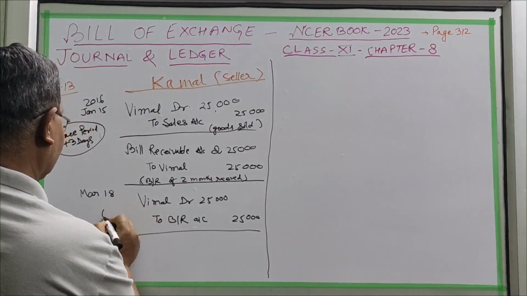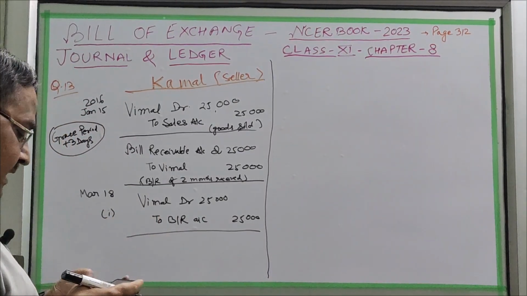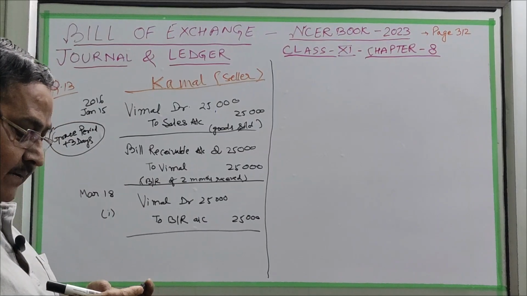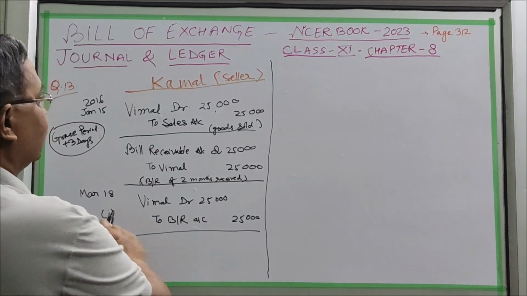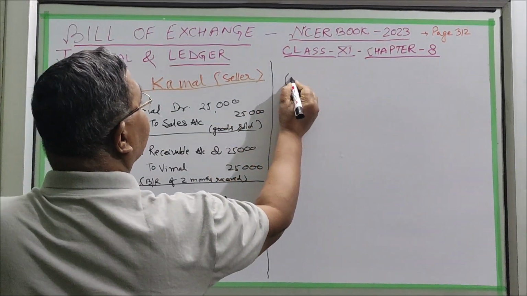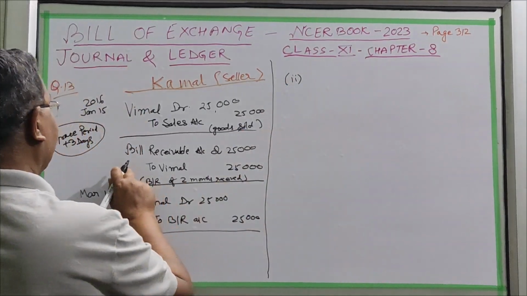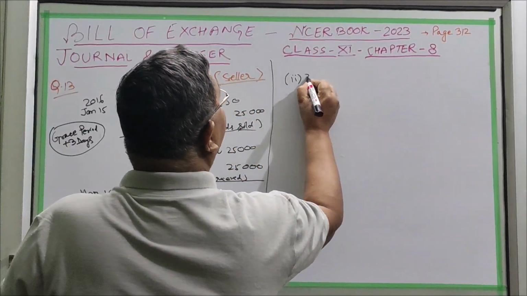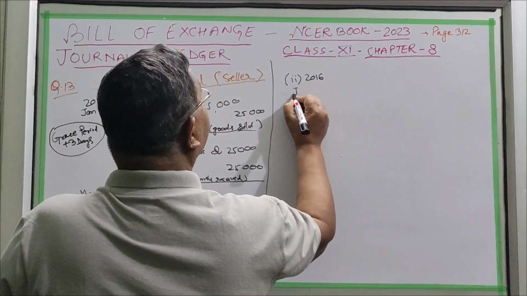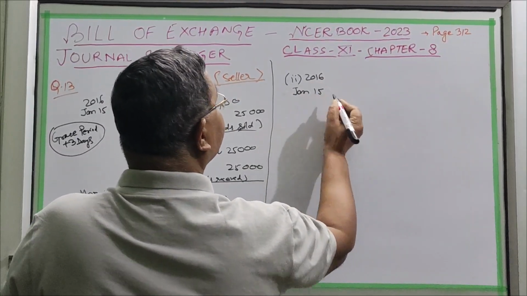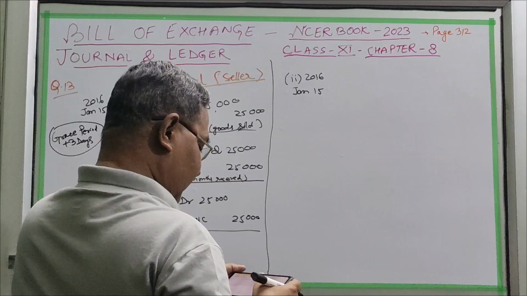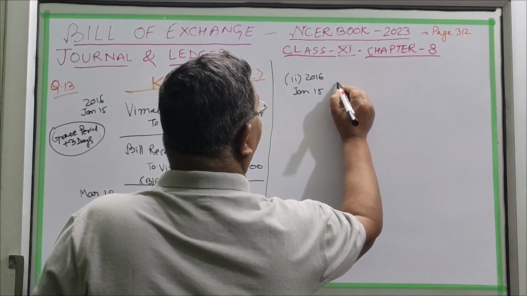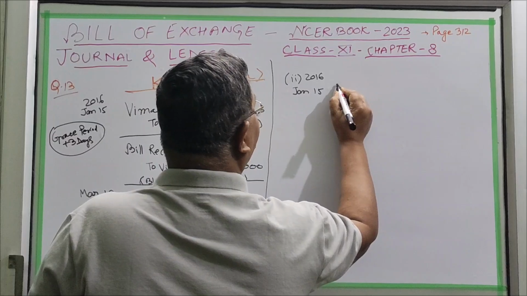Now the bill was immediately discounted by Kamal with his bank at the rate of 6%. Now he is taking case 2. Case 2 means the bill was discounted from the bank, on January 15, 2016. Immediately he discounted the bill from his bank, so money will come into his bank account.